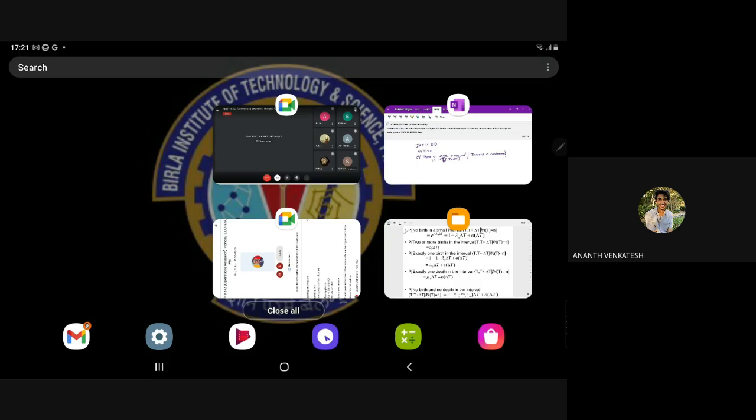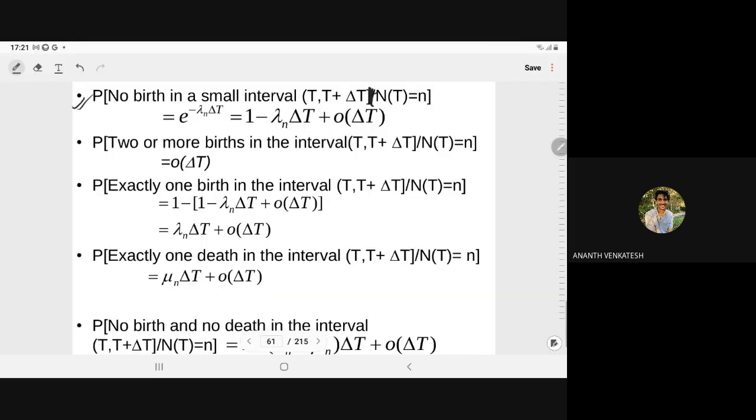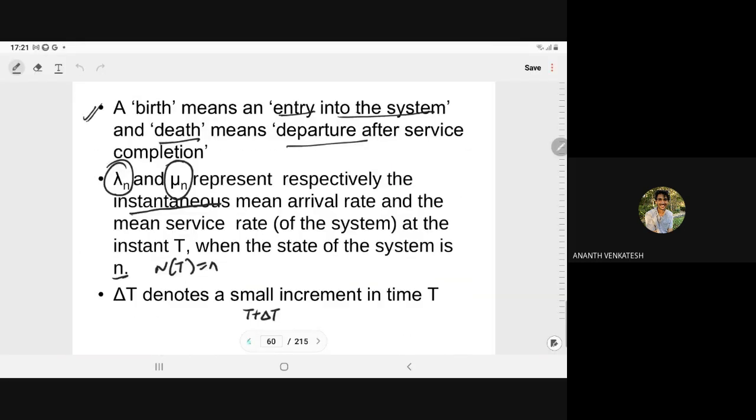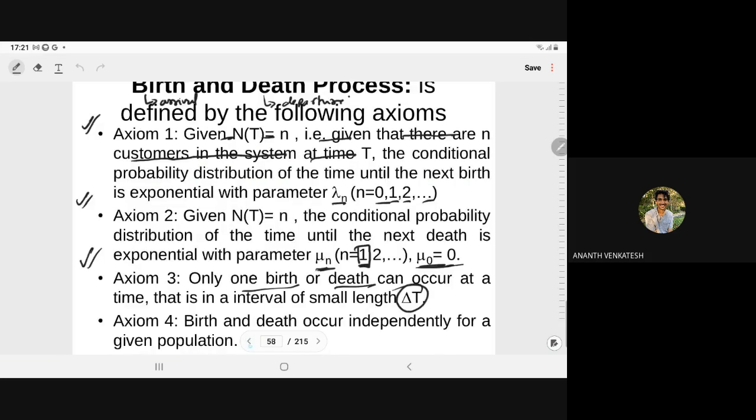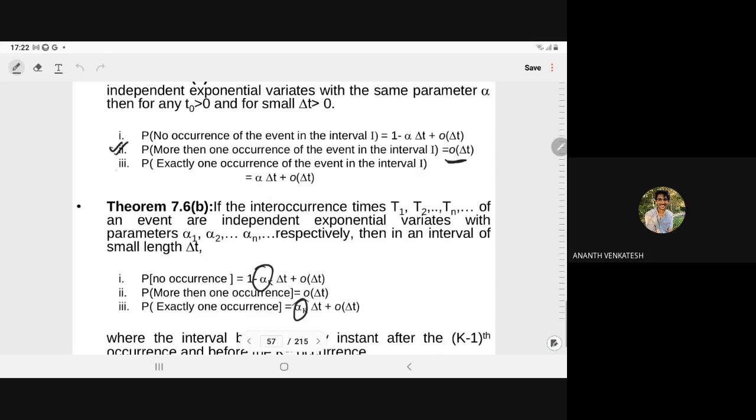Now one arrival means one event. When we are asking for exactly one event, exactly one occurrence, the answer is alpha into delta t.